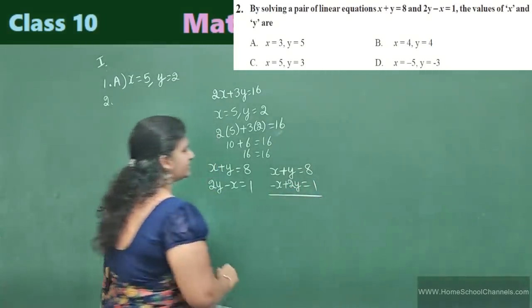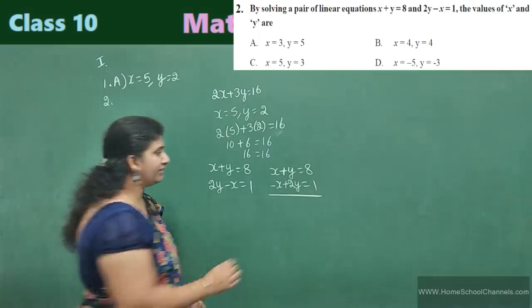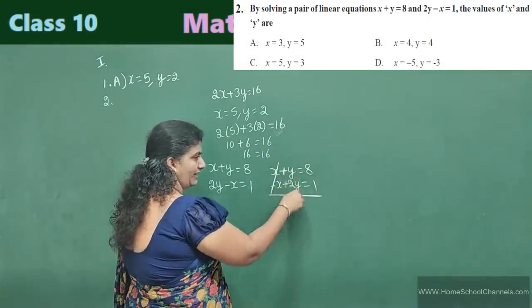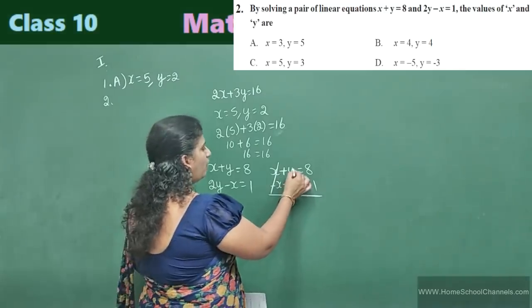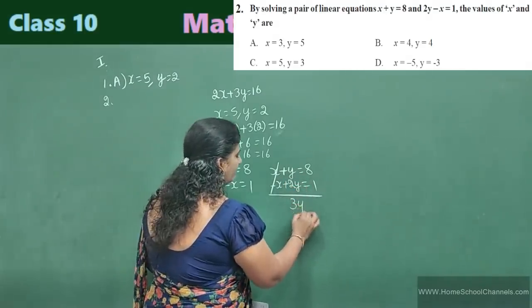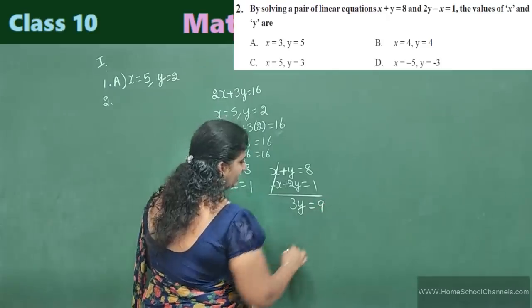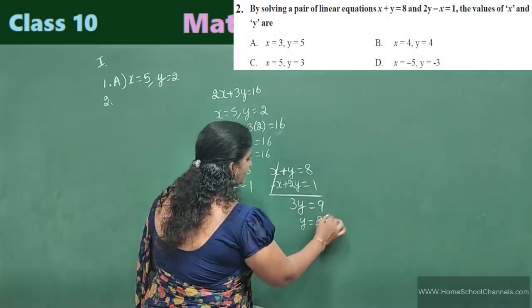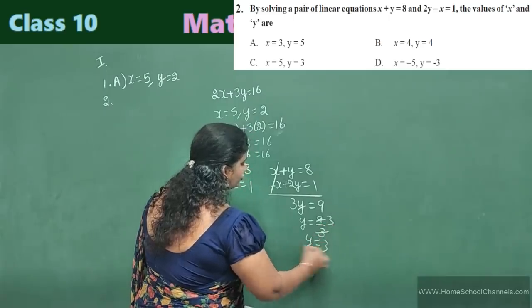Solve the two equations by the elimination method. Plus x, minus x cancel. We are going to add these two equations, right? y plus 2y will be 3y, 8 plus 1, 9. Send this 3 to the other side. y is equal to 9 by 3. 3 3s are 9. y is equal to 3.